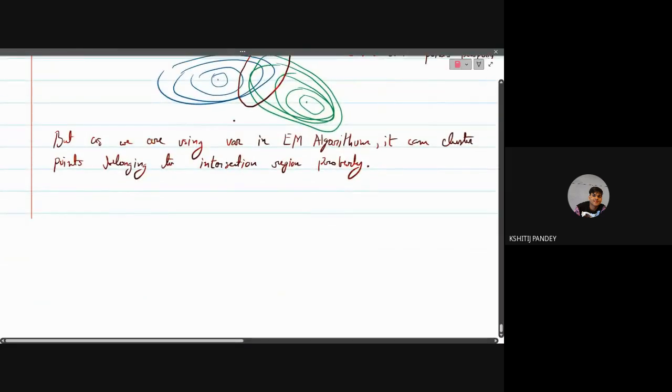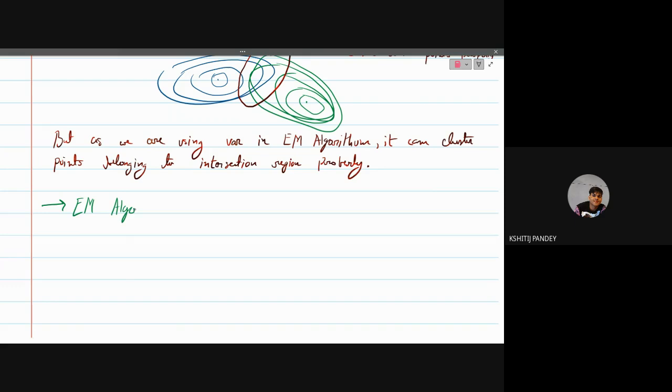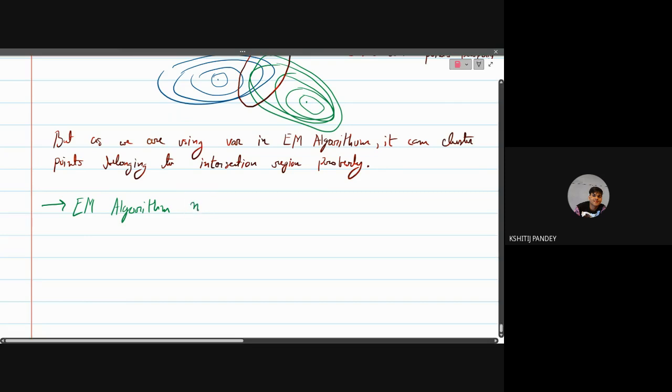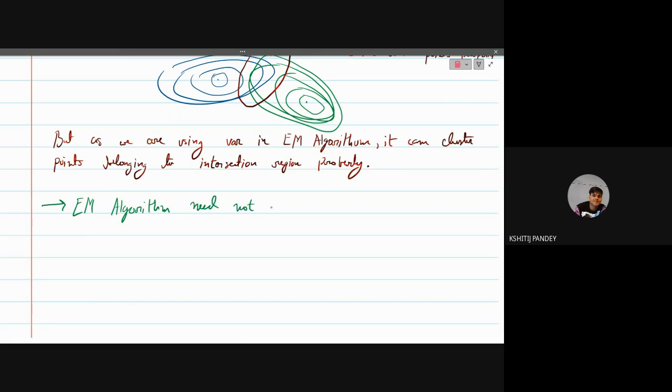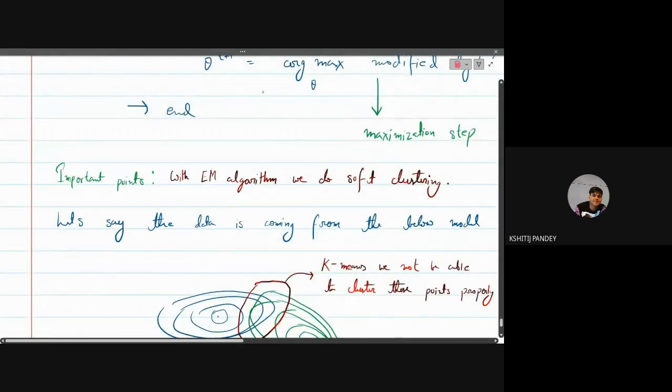So the next important point is that the EM algorithm need not be using Voronoi regions. Yes. So these are some important points.